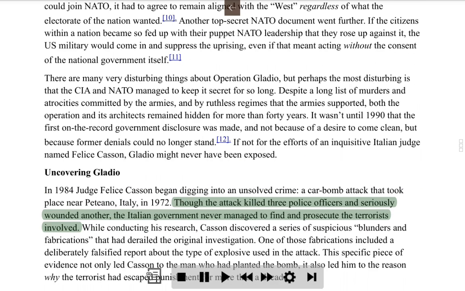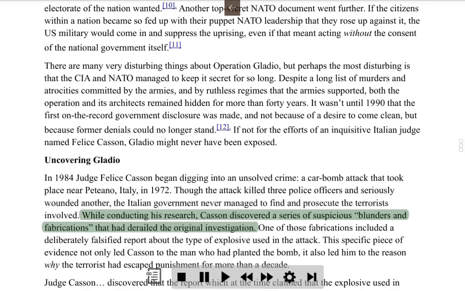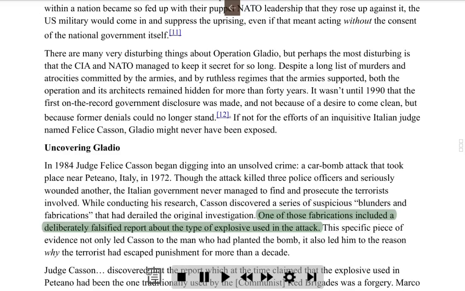Though the attack killed 3 police officers and seriously wounded another, the Italian government never managed to find and prosecute the terrorists involved.